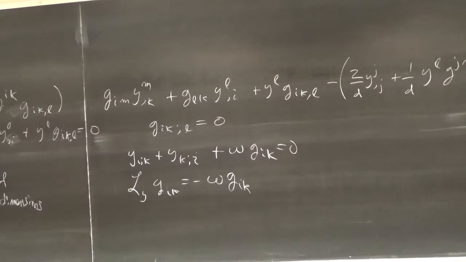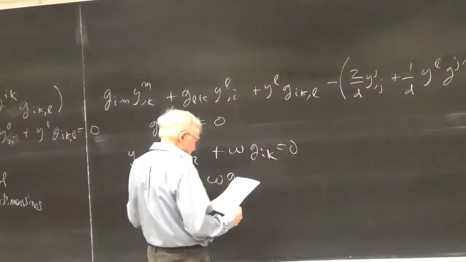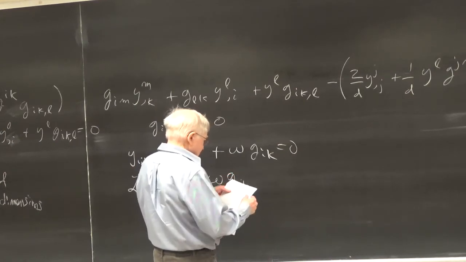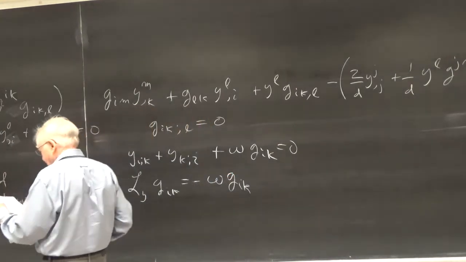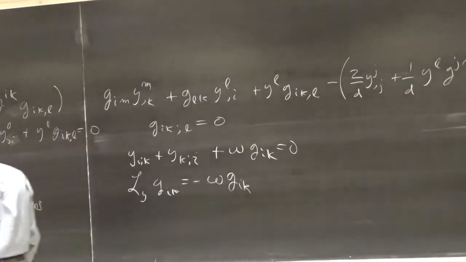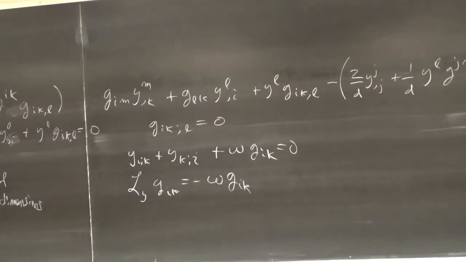Now, so far today we've been in a general space-time, and what we're going to do now is drop down to flat space-time and consider these conditions in flat space-time. The first thing is to go back to this equation for omega.